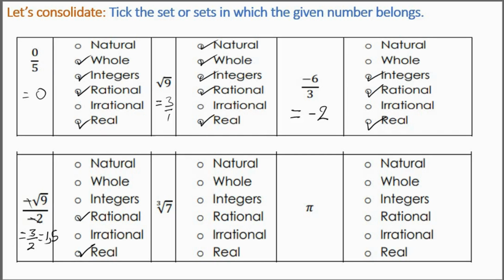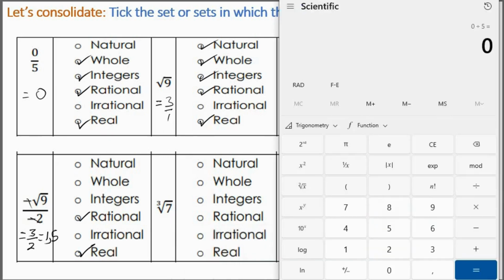Right. We can't tell to which group the cube root of 7 belongs unless we use our calculator. So we'll punch 7 and then second function and then the cube root will give that answer.